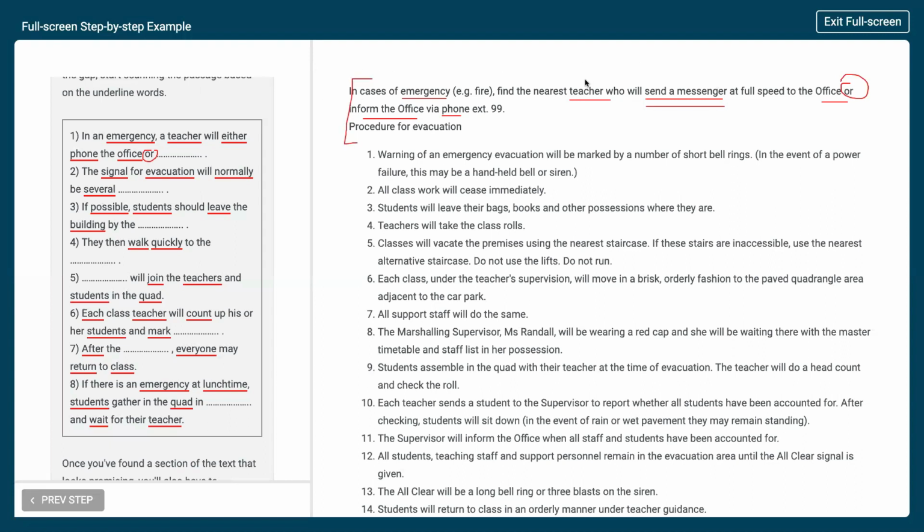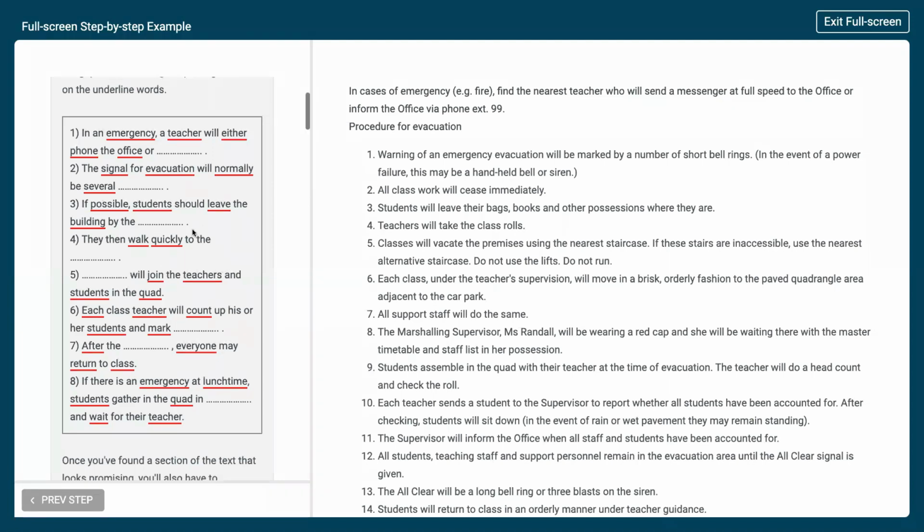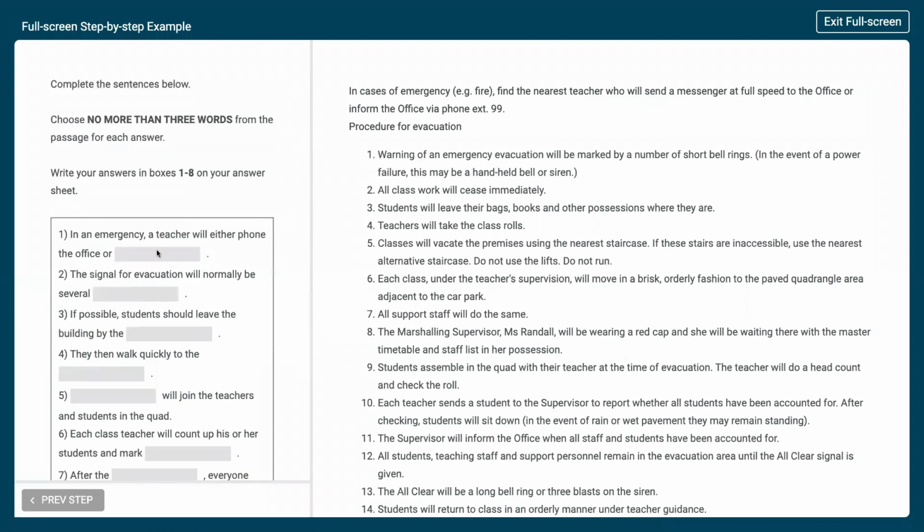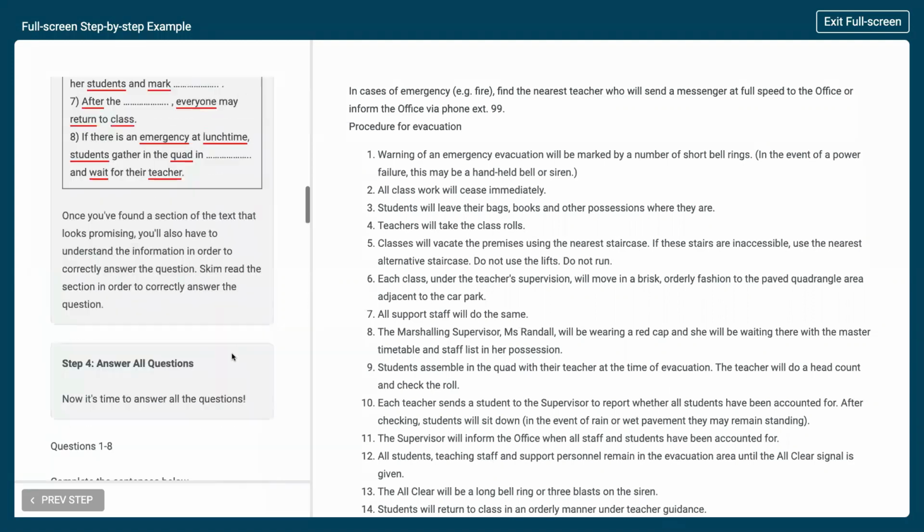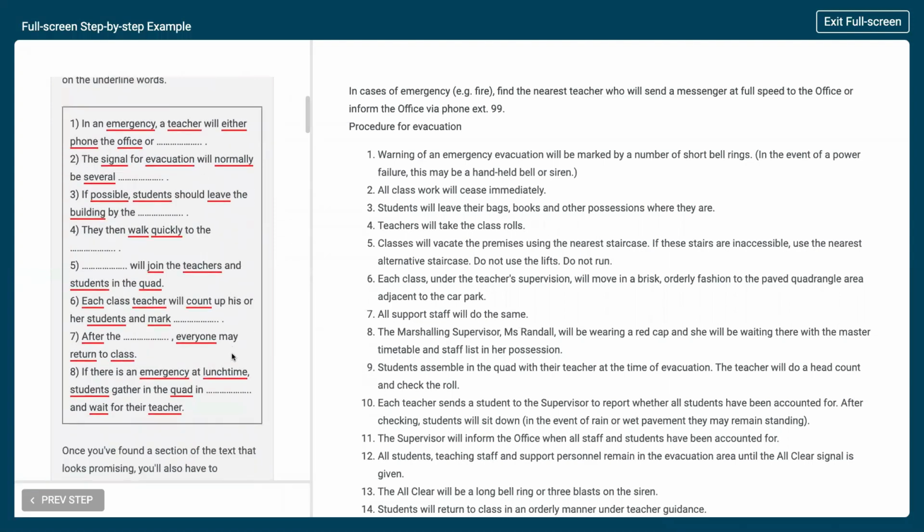So I'm going to clear our screen, scroll down here, and put in our answer. I'm going to write in all caps, and I have send a messenger. I'm going to double check my spelling. Okay, perfect. We will talk about all of the different answer options and indefinite articles in just a moment when we check our answers. Okay, let's go ahead up to number 2.